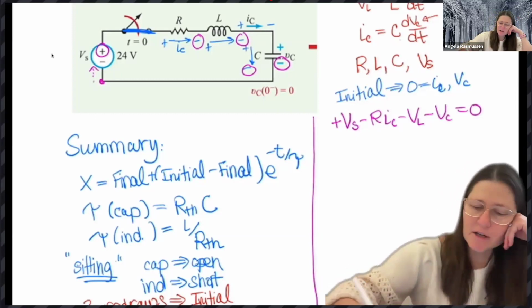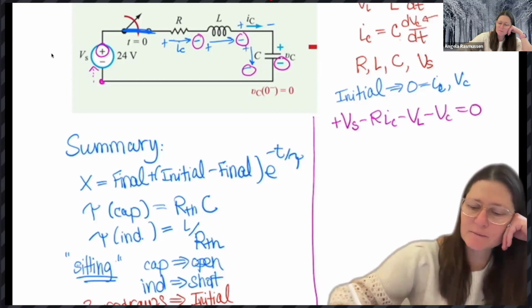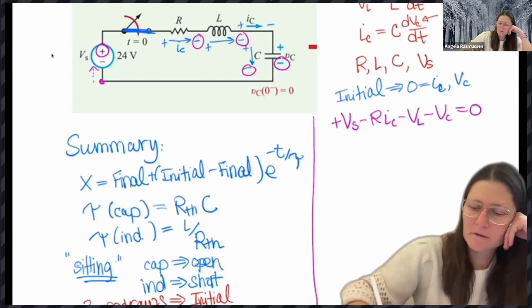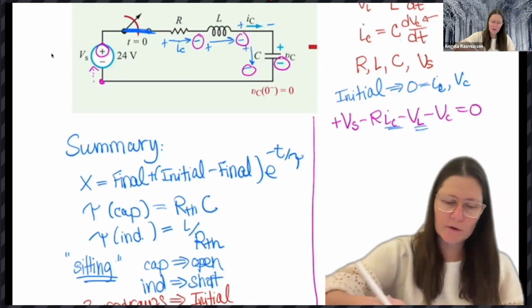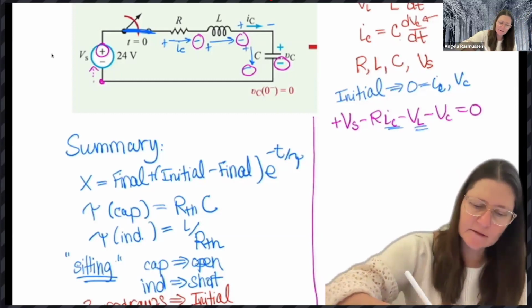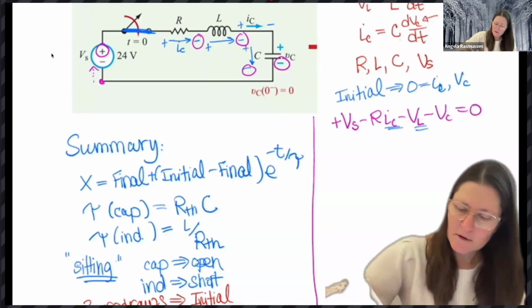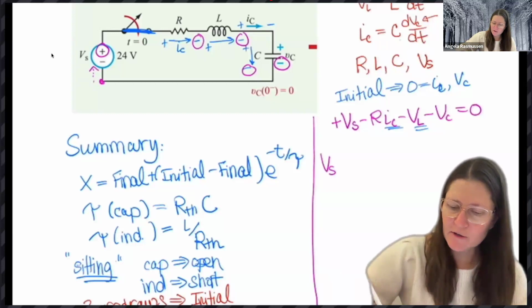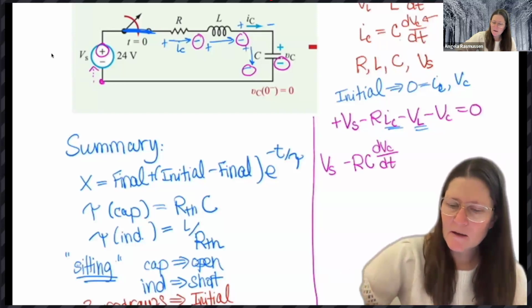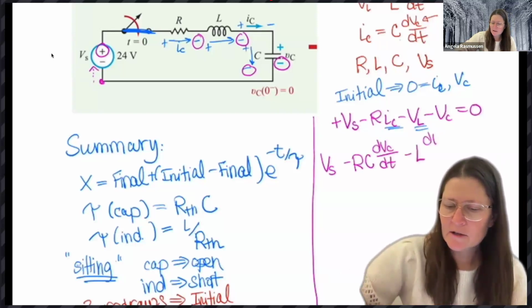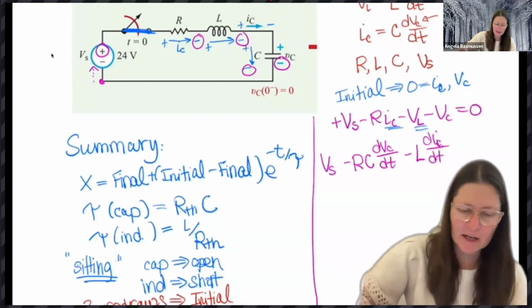And then from here, we can substitute in the IC and VL equations, which we have. So now we can rewrite this as VS, which is a known value, minus RC dVC/dt, minus L dIL/dt, and IL and IC are the same.